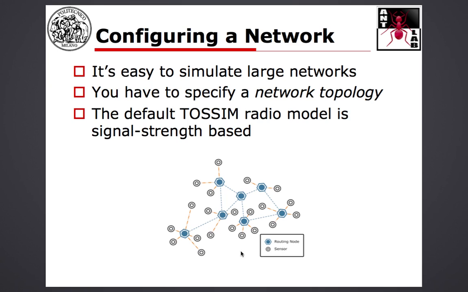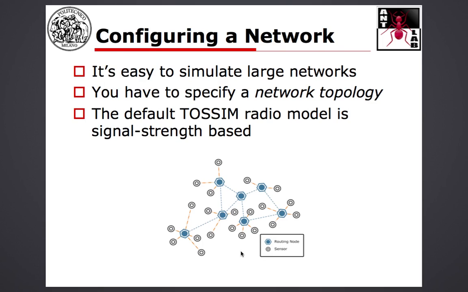Actually, the way that you specify how many nodes you want to use in Tossim is a little bit more advanced than the one that we have seen in Kuja, because in Tossim what you actually create is the network topology itself. And by network topology I mean how many nodes are there and how these nodes are connected to each other.